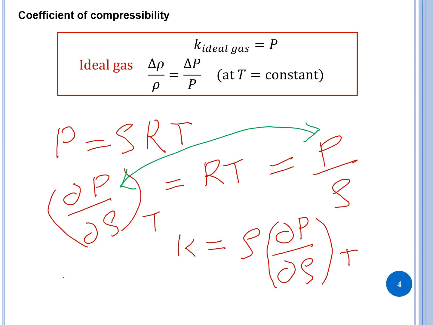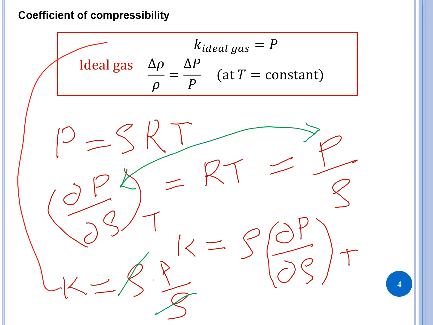So K becomes rho times P over rho. Rho cancels with rho and K becomes absolute pressure.